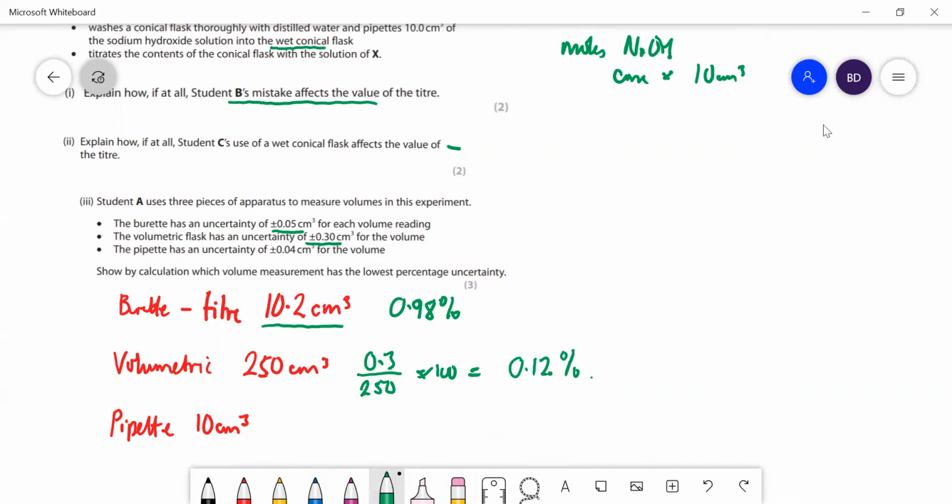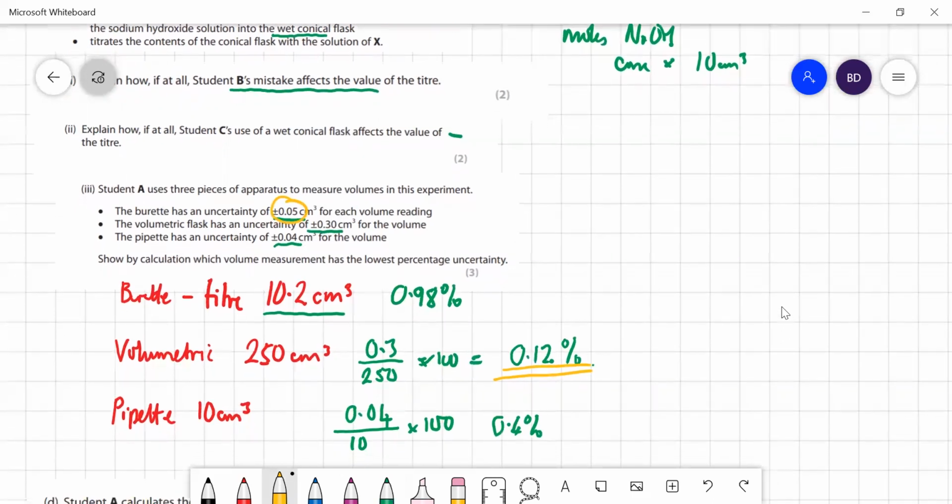Let's calculate the pipette as well. So that is out by 0.04. It's just one measurement reading there, so it's 0.04 over 10 times 100. That's equal to 0.4%. Okay, so the lowest uncertainty is the volumetric flask. It's important there to remember for the burette you do 2 times that. They're pretty keen on that because you take 2 measurements, initial reading and final reading.